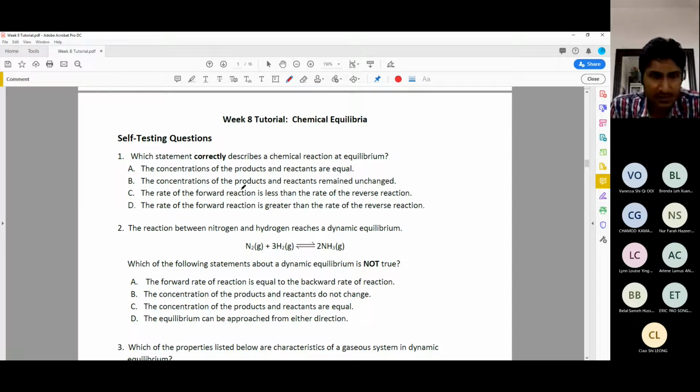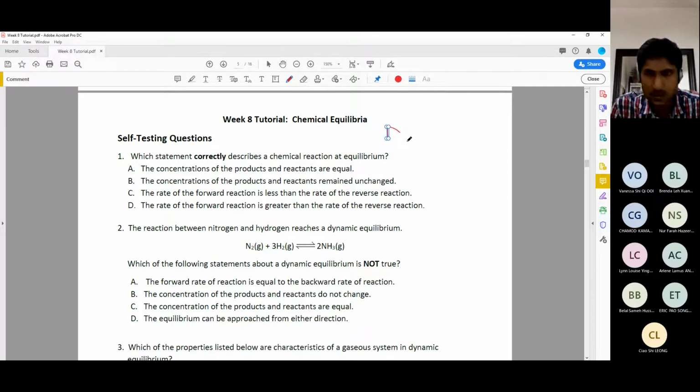Option A says the concentration of the product and reactant are equal. Is it?